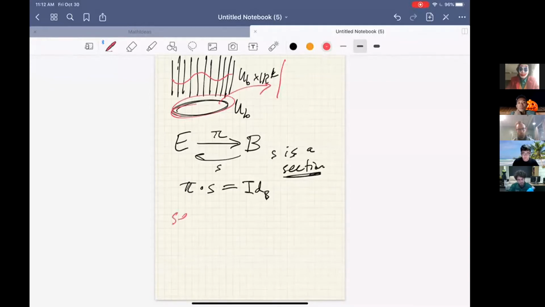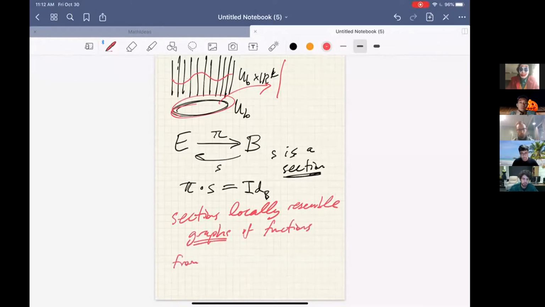So sections locally resemble graphs of functions from the open set to the fiber. So sections look like graphs of functions, and the functions are from the domain to the fiber.